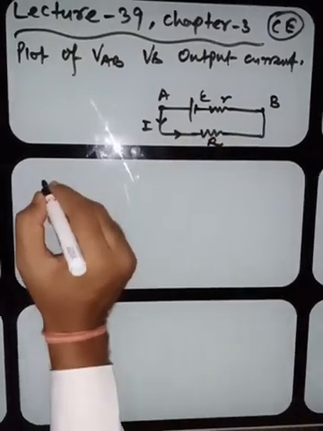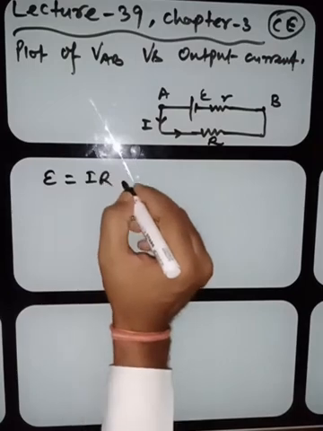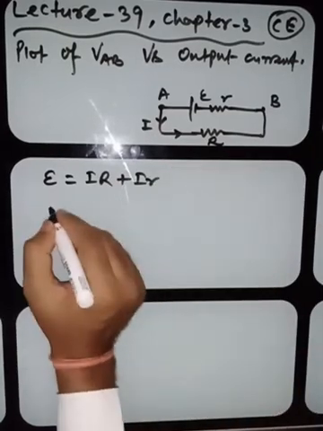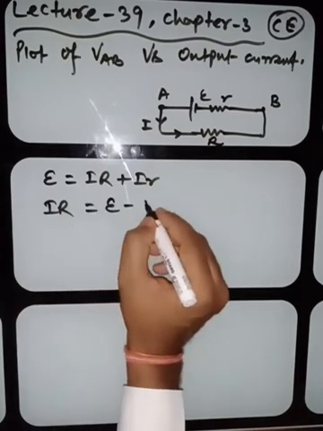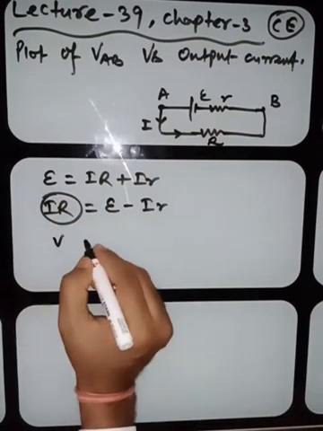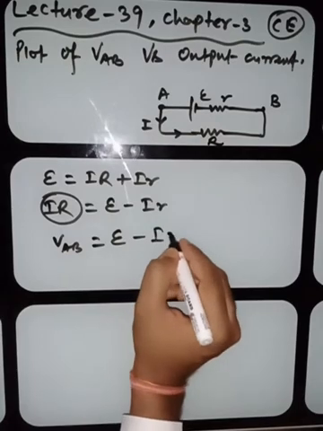It will be E equals IR plus Ir, and thus IR can be written as E minus Ir, and this is nothing but the terminal voltage V. So the terminal voltage is V equals E minus Ir.